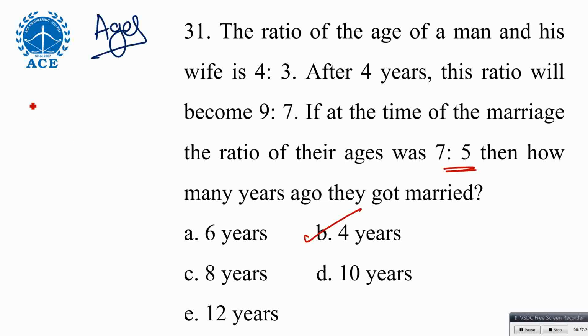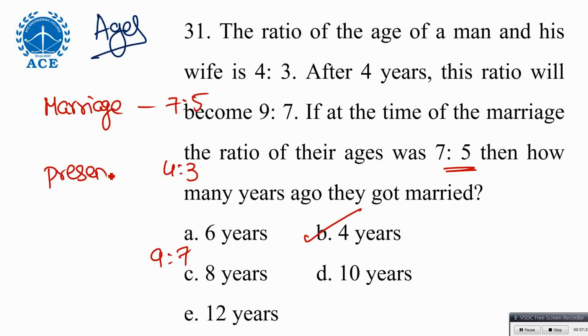Marriage happened at some stage where the ratio is 7:5. Compared to marriage, you are at present. After marriage, they are giving this data as present, and this is regarding the future, right? Now, this ratio should be more than 7:5. Don't multiply by 3.